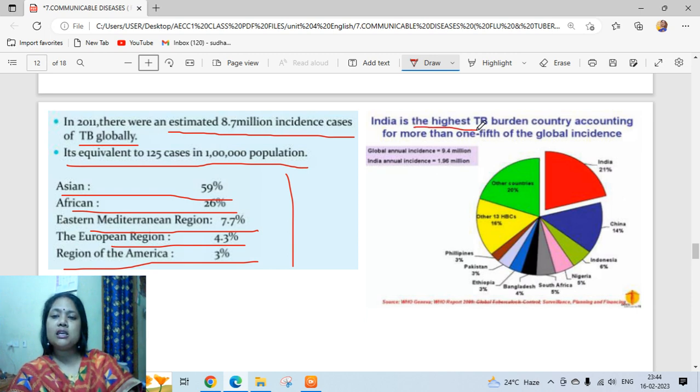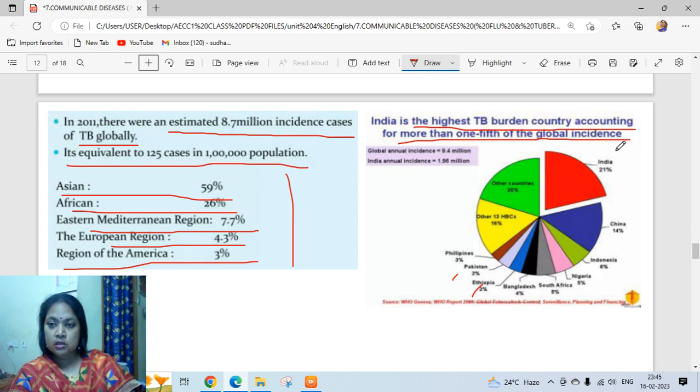India is the highest TB burden country, accounting for more than one fifth of the global incidence, and Philippines 3%, Pakistan 3%, Ethiopia 3%.